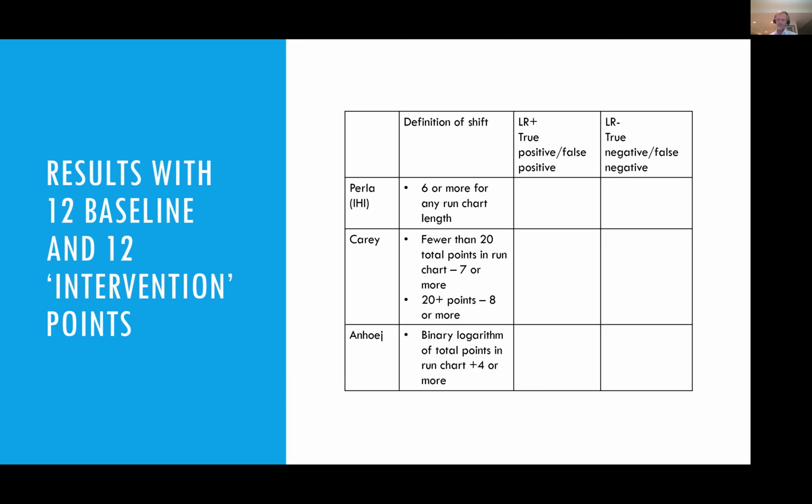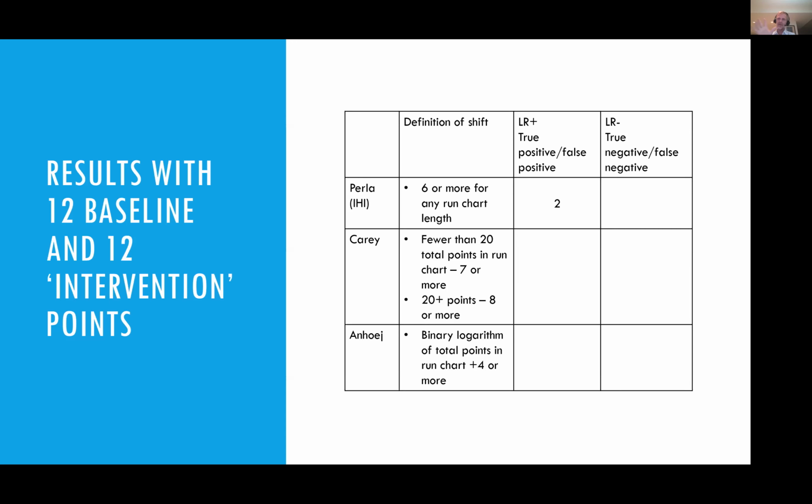So we'll go through them a little bit slowly. So with the parallel run chart rules, looking for a shift with 6 points. And again, this is with data that had 12 baseline and 12 intervention points. The positive likelihood ratio here is 2. So that's not very good. That means that for every 2 times you see a shift of 6 data points, you will also see 1 which is incorrect.